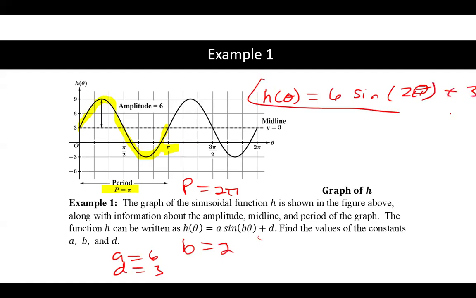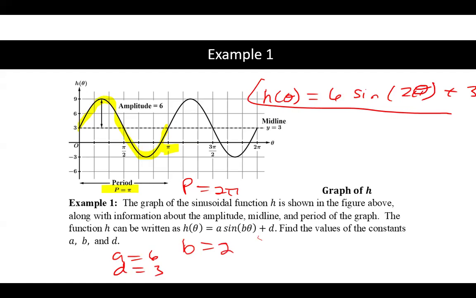And that would be my model. So you go piece by piece, identifying, and then you just write it out. Is that doable? Okay, so you identify essentially, what is your midline, what is your amplitude, and how is your period being changed. Make sense?